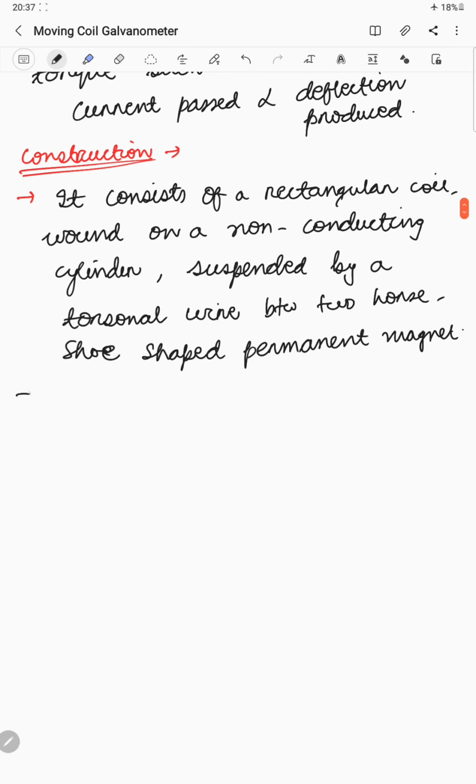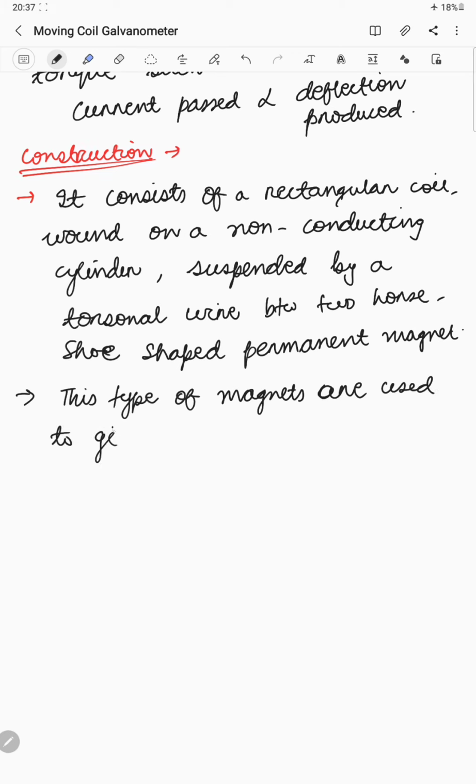Then next point, this type of magnet, this is your horseshoe shaped magnet. This type of magnets are used to give uniform radial magnetic field. This is the importance of the horseshoe shaped magnet.